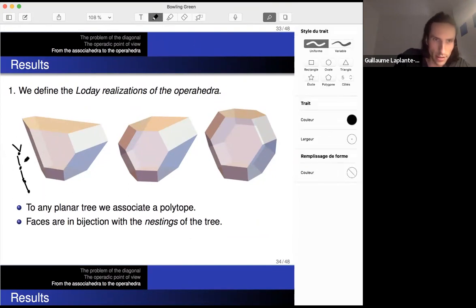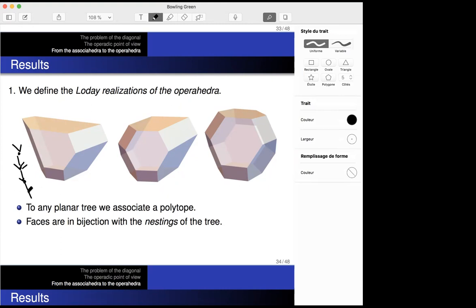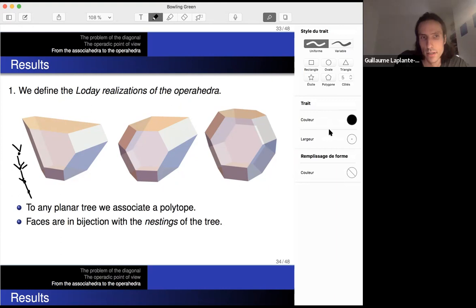You look at these planar trees here, and actually I think you would need 5 vertices, and then you look at all the ways of parenthesizing this tree.